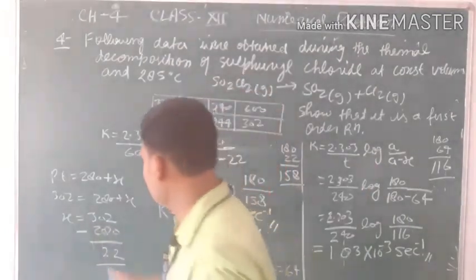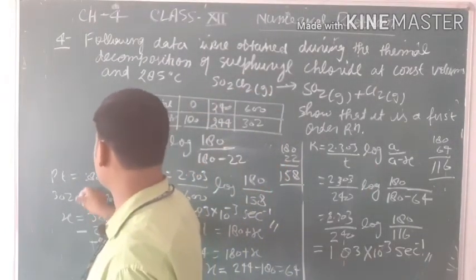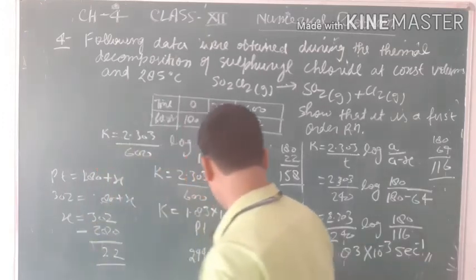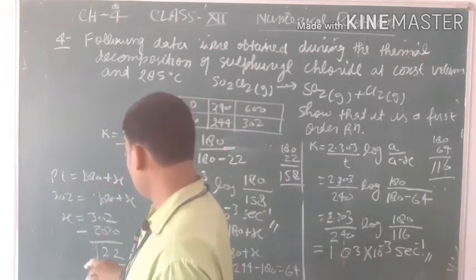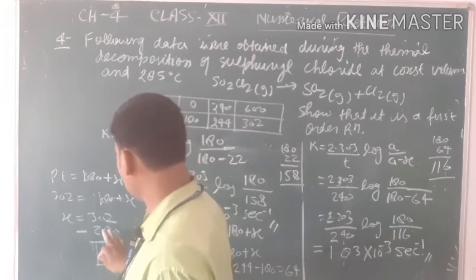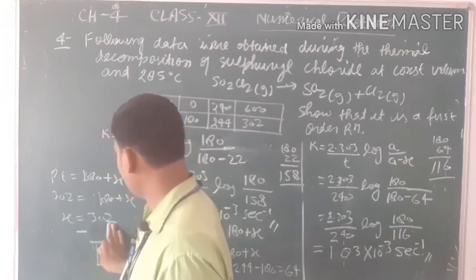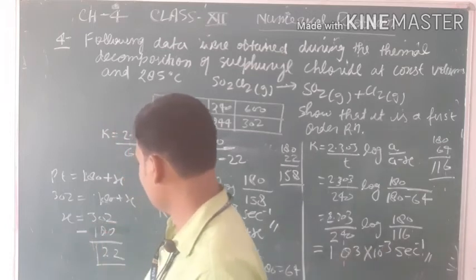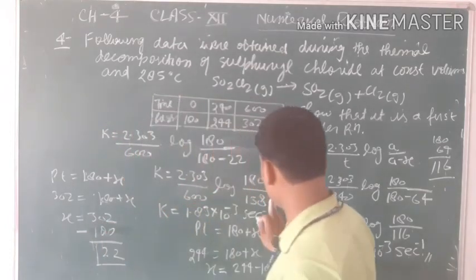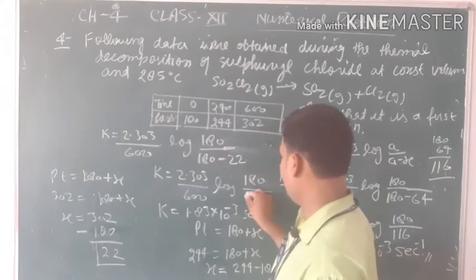Students, sorry, this is the 180 plus x, so 302 minus 180 we will get 122.